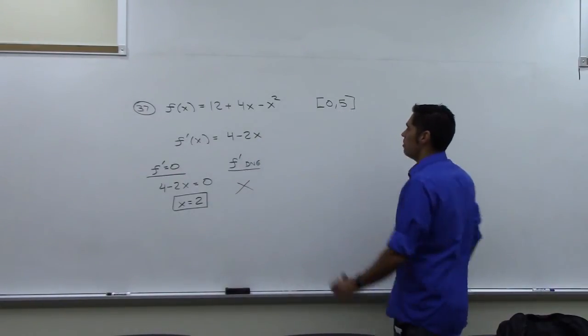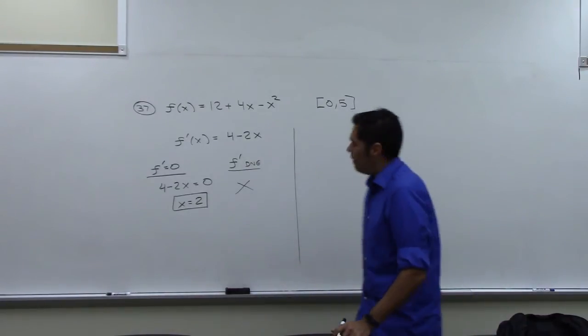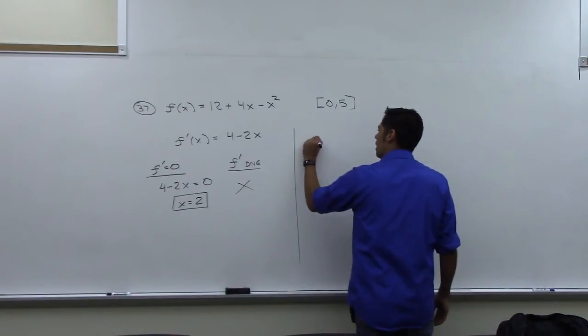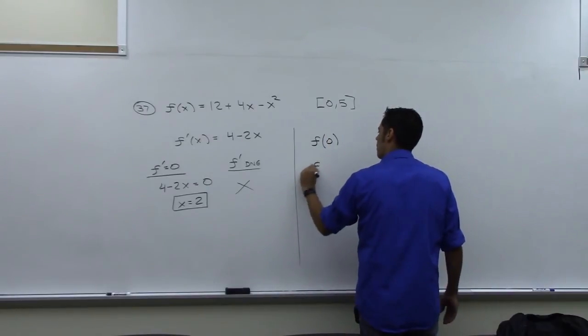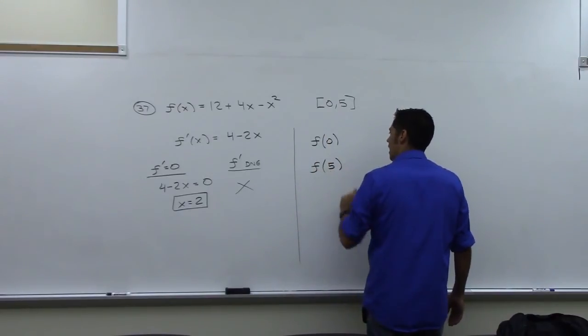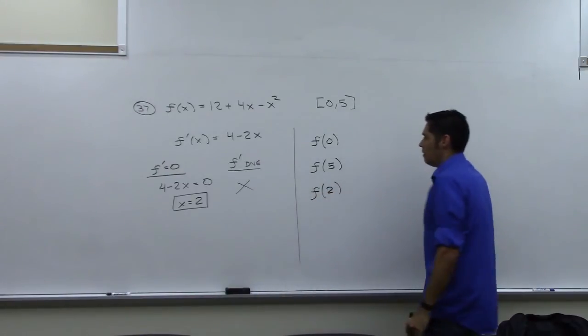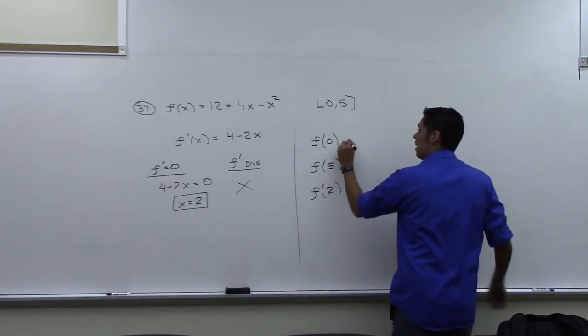So since it is, the next part of the method is to evaluate the original function. So I'm going to plug into the original function both endpoints and any critical numbers I had. But I'm plugging these into the original function, and I'm just going to see what I get.